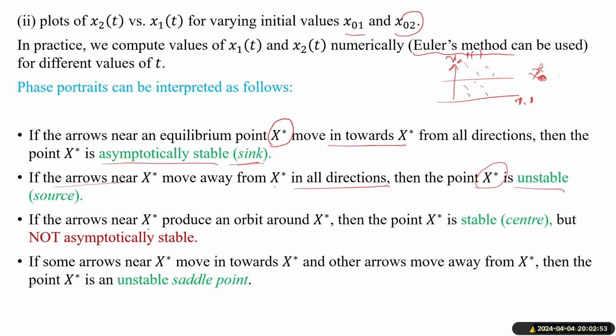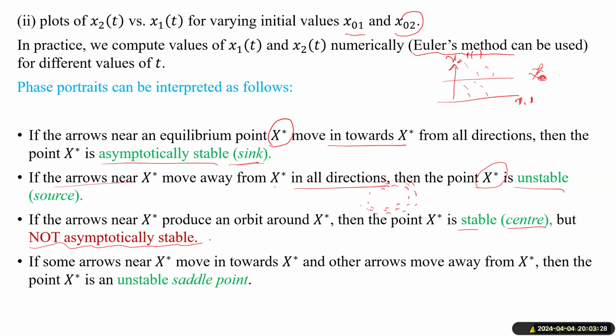Sometimes the arrows produce an orbit around x star, suppose the lines are moving in circles like this one. In such cases we call it a stable center. But remember, such a case is never asymptotically stable. What are the other possibilities?